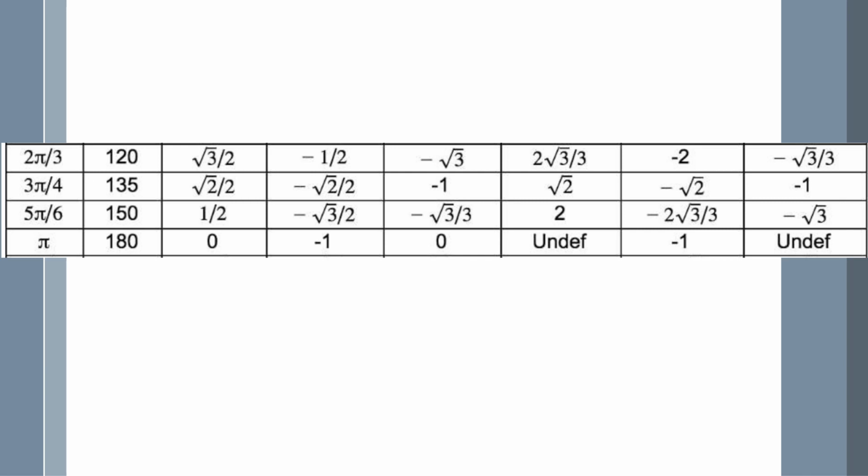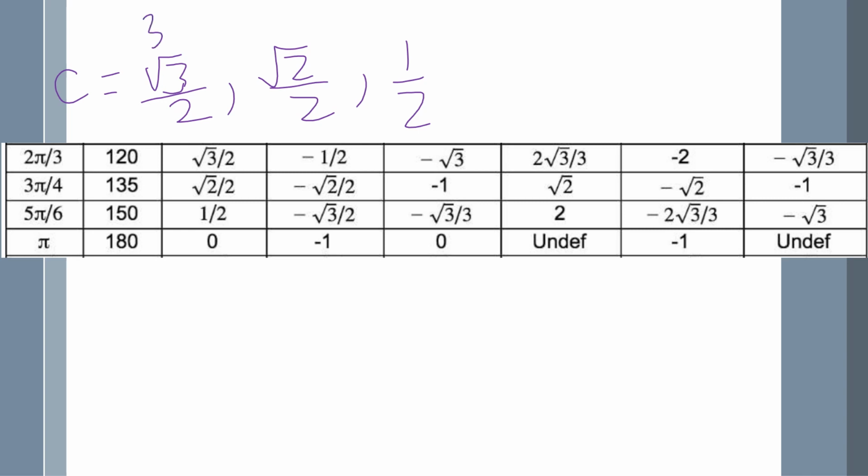All right, y'all. So by now you should be able to pick up a pattern. So cosine goes 3, 2, 1 for 30, 45, 60. So that's how it goes for cosine. 3, 2, 1.